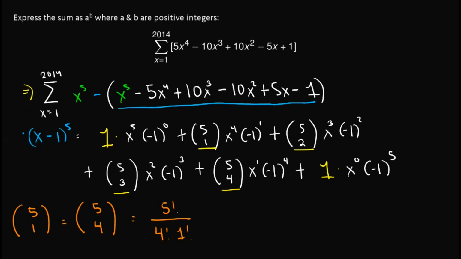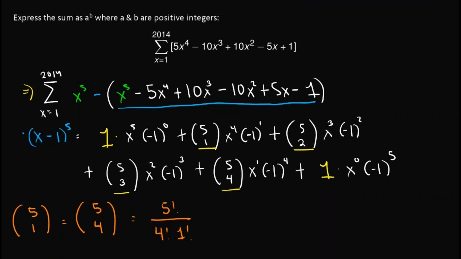Just to take note, if you don't know, this notation refers to n factorial over r factorial times n minus r factorial. This usually appears in probability and combinations problems, such as questions wherein you are asked to solve for how many ways and such.